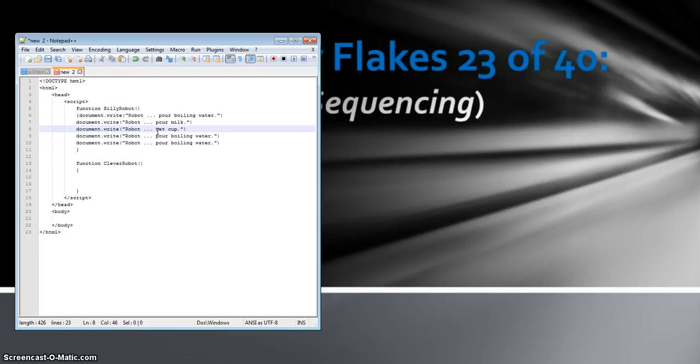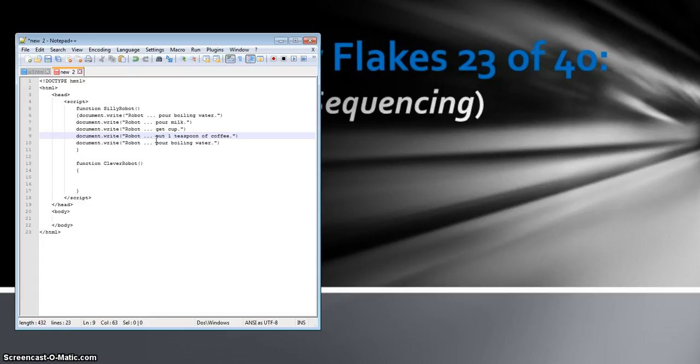So it's going to pour the boiling water first. It's going to pour some milk. It's going to get a cup, and then it's going to put, let's put some sugar in there. Put 1 teaspoon of coffee. Okay, coffee. There we go.